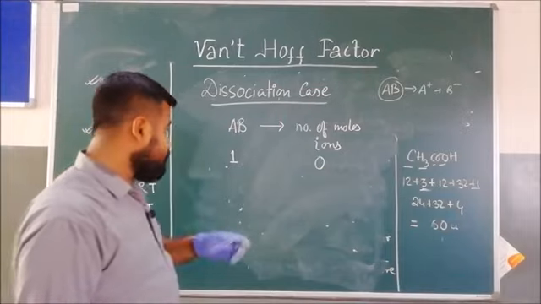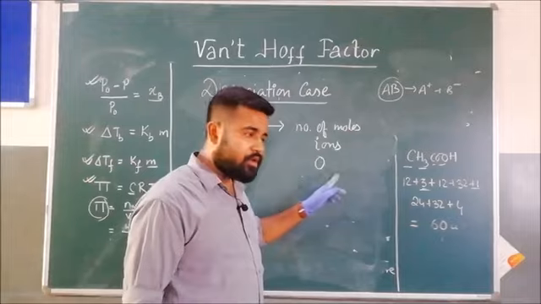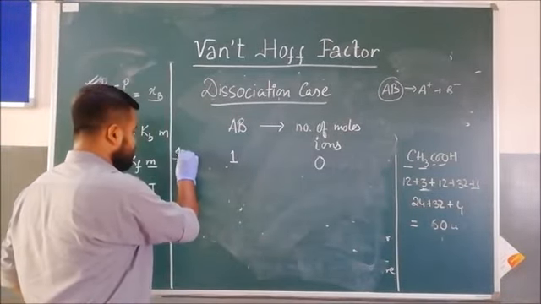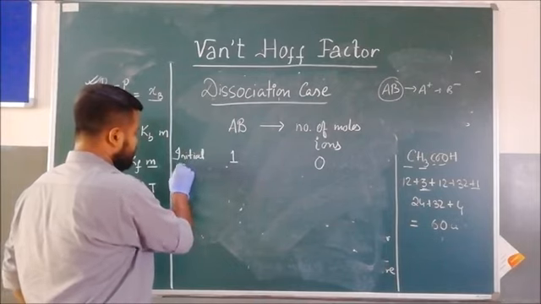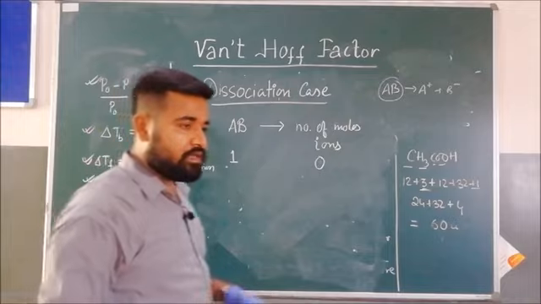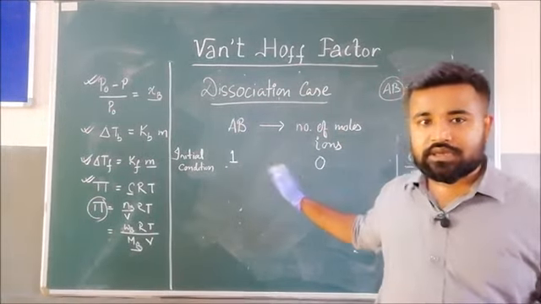Clear? When AB equals 1, number of moles of ions will be 0, because now it is not dissociated. Initially, when the dissociation does not start, AB equals 1, so it is 0.